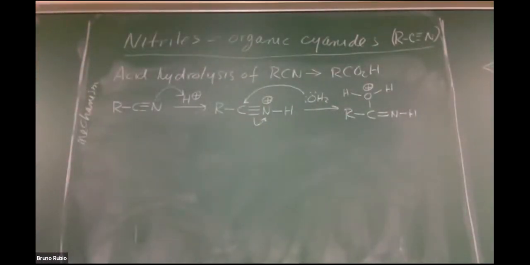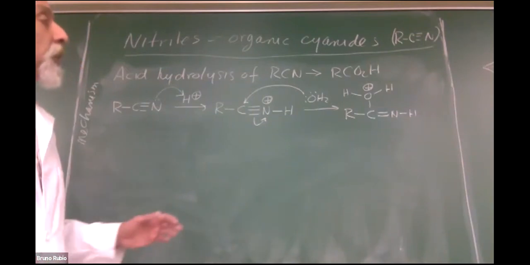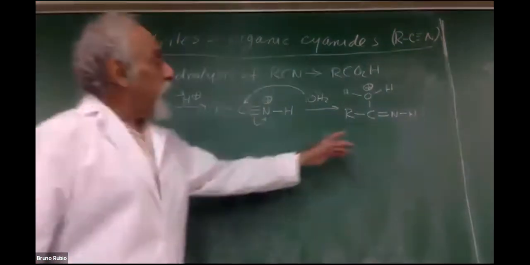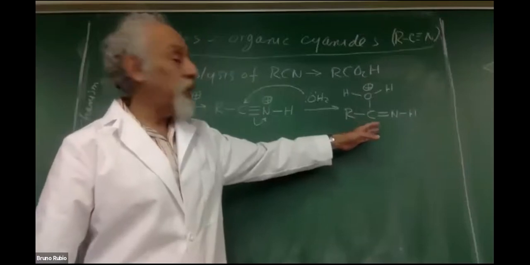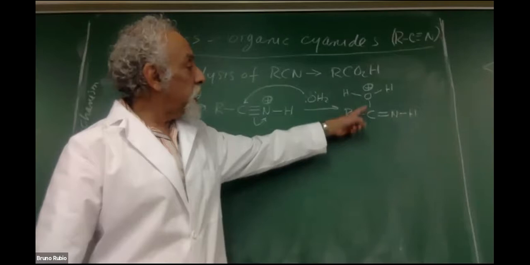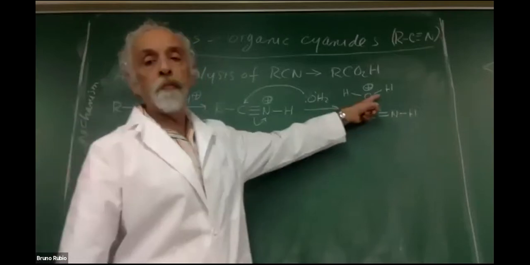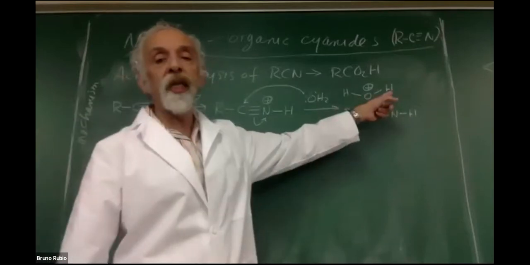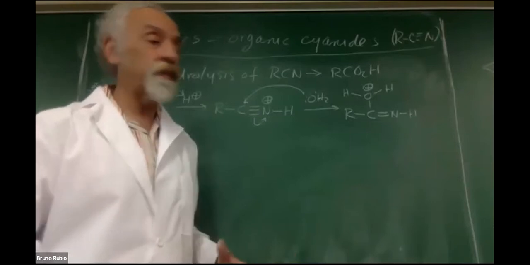Right, so this should all very much ring a bell. It's very, very similar to what happens when an aldehyde or a ketone or an ester or any kind of carbonyl compound reacts with acid and water. Okay, and so now what I see here is double, single bond to hydrogen. I see the tautomerizable unit.